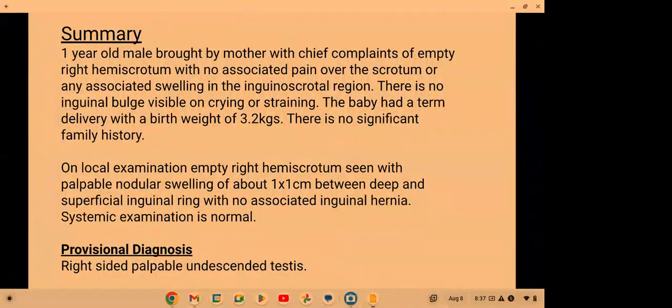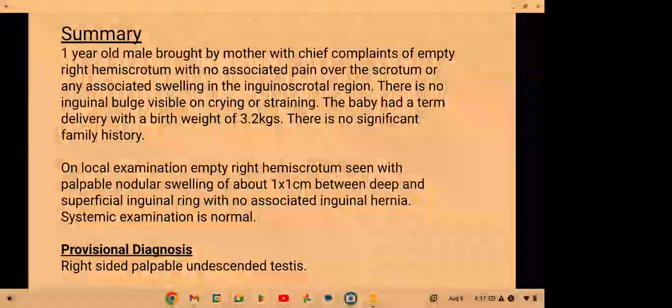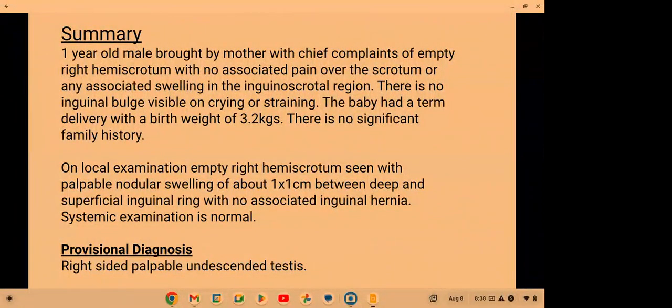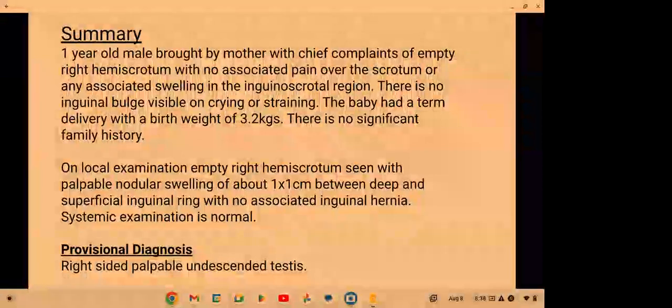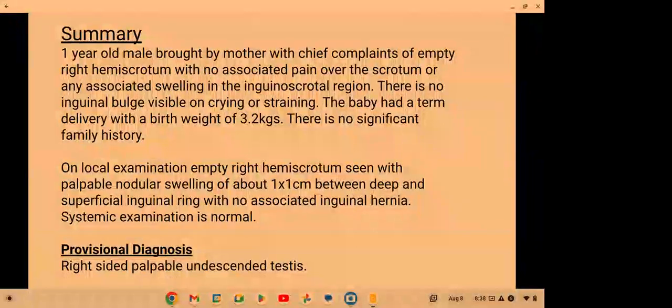So what will be your incision? The incision is a groin incision parallel to the inguinal ligament, on the skin crease. In children the inguinal canal is very short; the superficial ring and deep inguinal ring almost superimpose on each other.